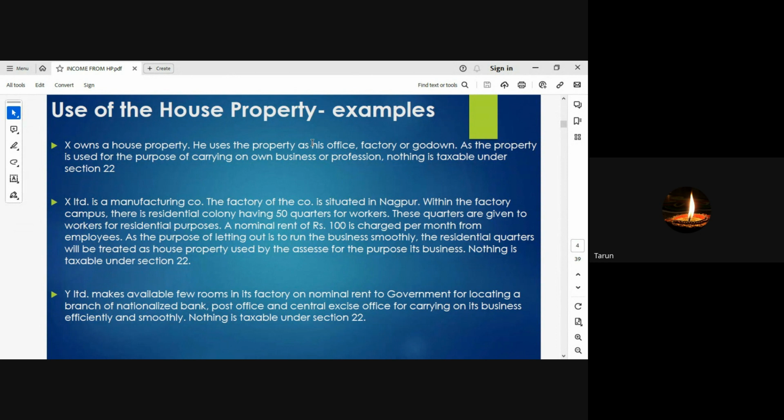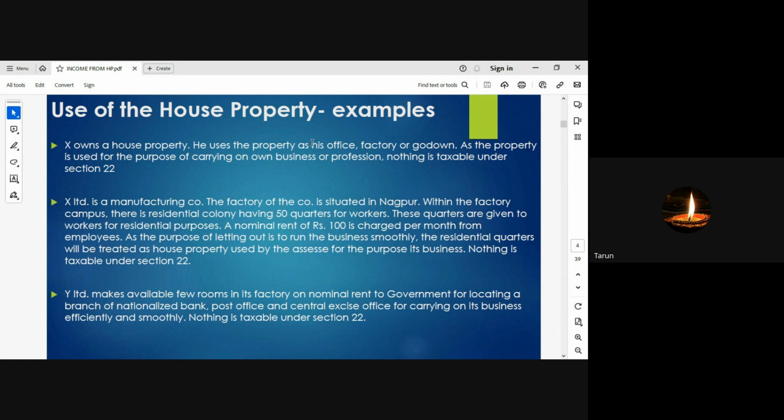He uses the property as his office, factory, or godown, for carrying out his own business or profession. I already told you, if you use the property for your own business, nothing will be taxable. Whatever income you earn from your own business on such land is not taxable at all.